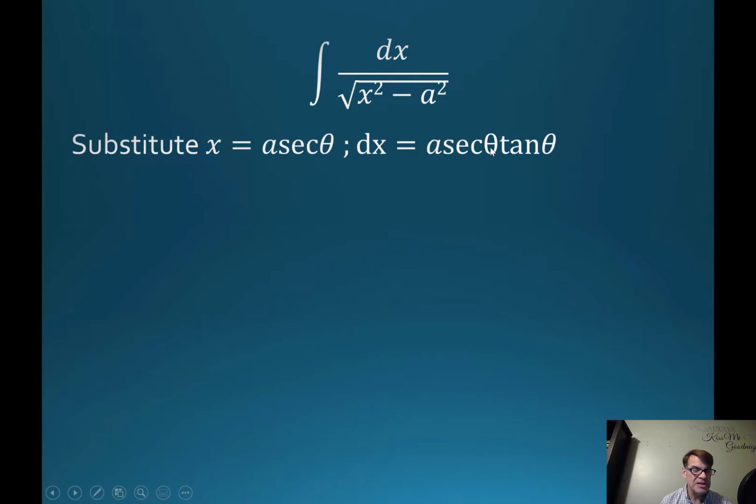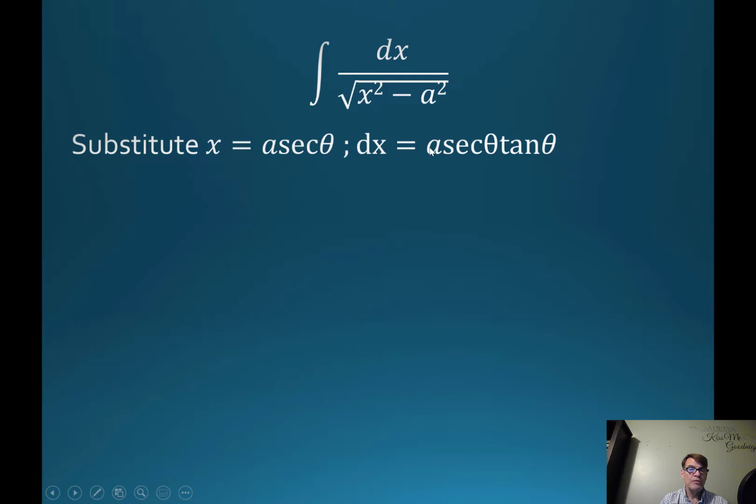I think for one of the tests, I had it figured out in my brain if I needed it. But anyway, if you have a little extra time on your hands, why don't you memorize that the derivative of secant theta is secant theta tangent theta? I'm telling you that's what it is, so you don't have to look it up right now. So we're going to substitute in a secant of theta for the x.